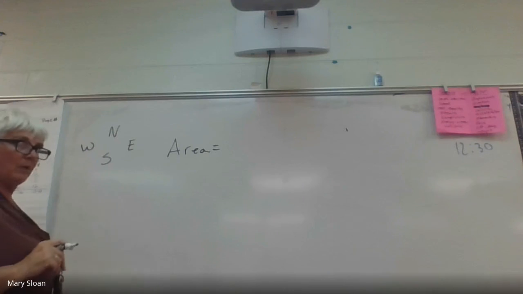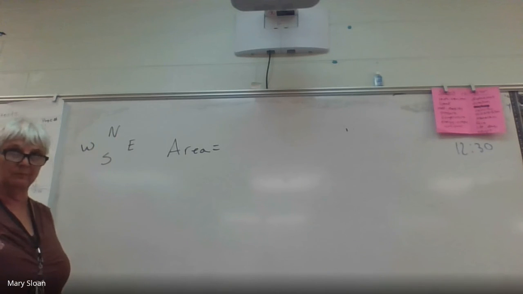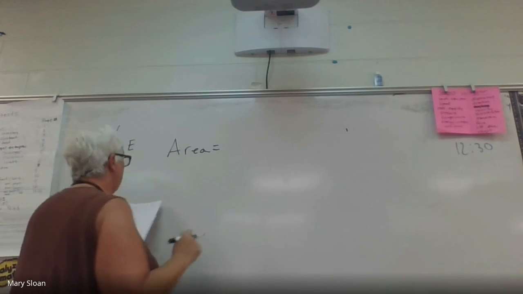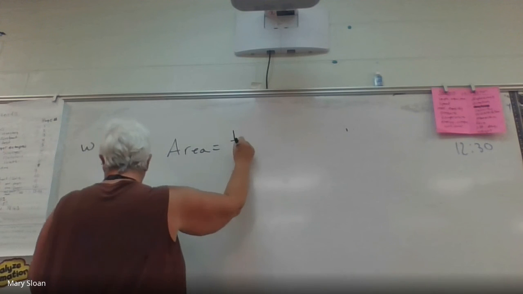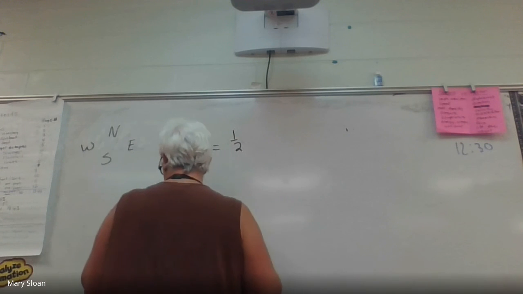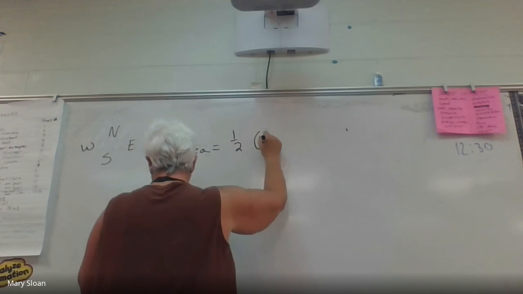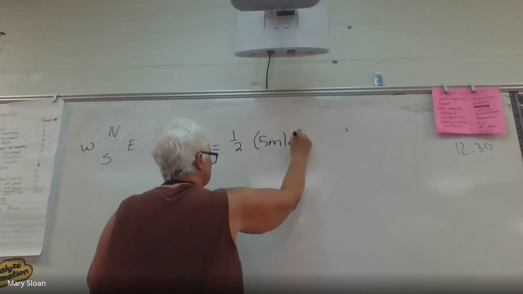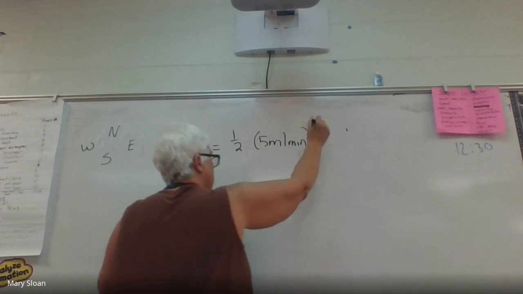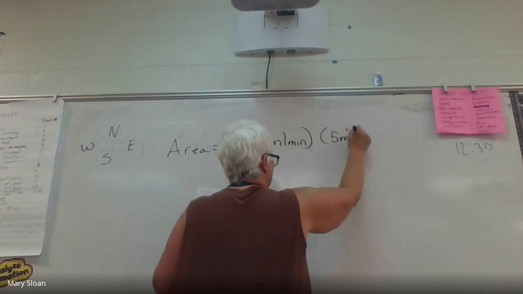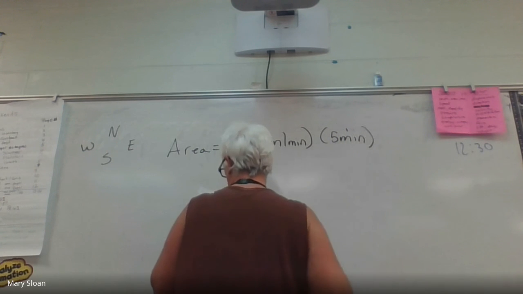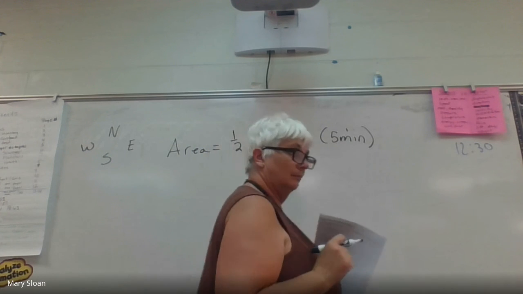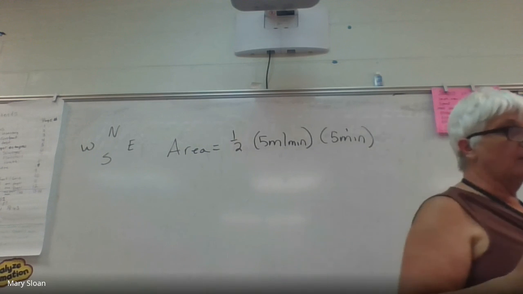Can I do the first one, Raymond, and let you do number 2? So the area is 1/2, and we have 5 meters per minute times 5 minutes. So what is the answer, sir? Just do the calculation.